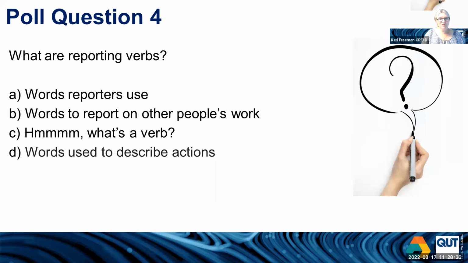All right, so most of you got B, which is good. What's a verb? Words used to describe actions. Yes, that's what verbs are. So reporting verbs are the actions of reporting on other people's work. All right, let's have a deeper look.